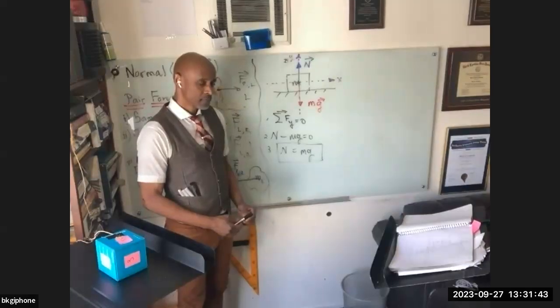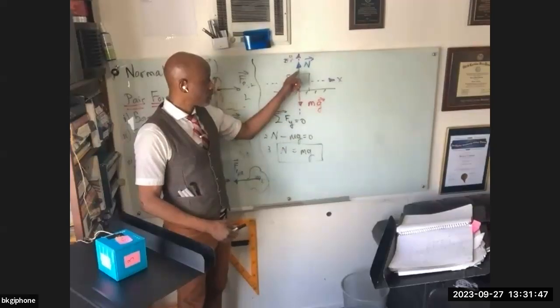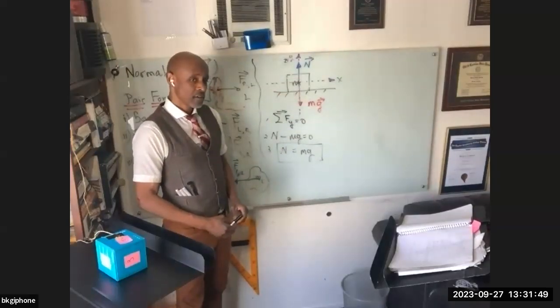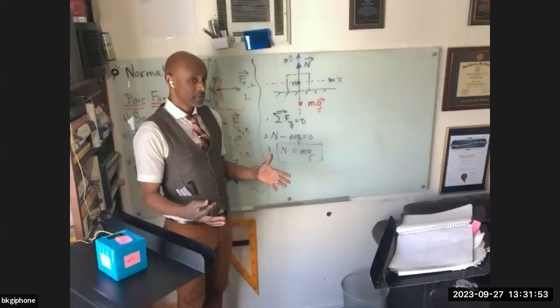So no, because it's just on the table. So no, it does not act on different objects. What's on the table? The block. The block is on the table, but I'm talking about the forces on the block. Those forces are acting on what? The table.